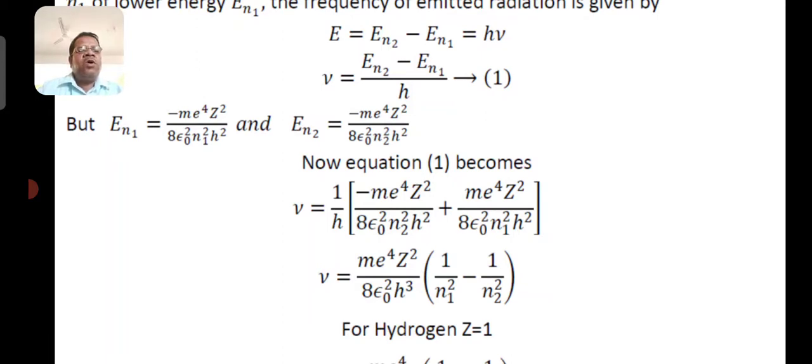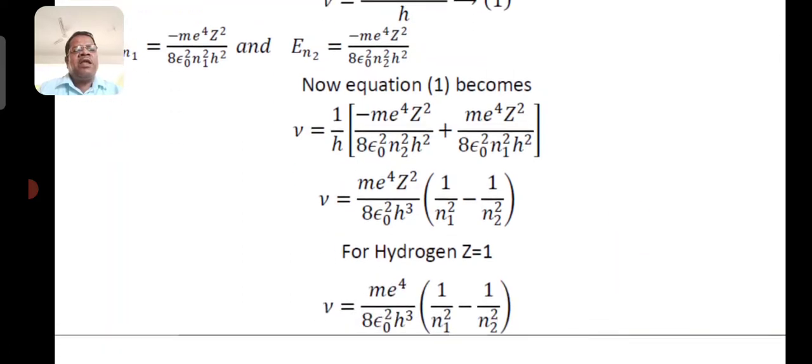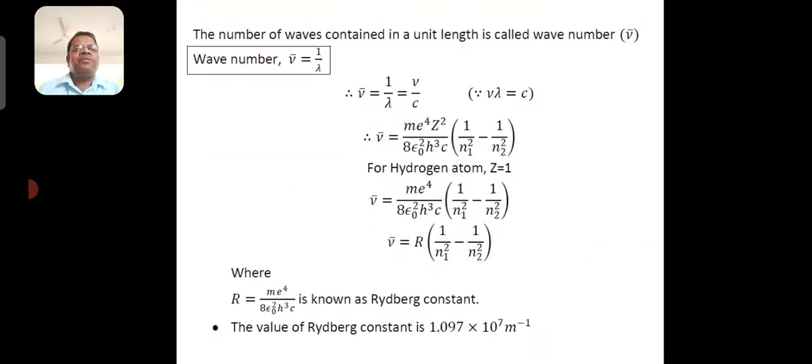Now inside the bracket we get 1 by n1 square minus 1 by n2 square. For hydrogen z equals to 1. Therefore frequency nu equals to m into e to the power 4 divided by 8 epsilon naught square h cube into bracket 1 by n1 square minus 1 by n2 square.